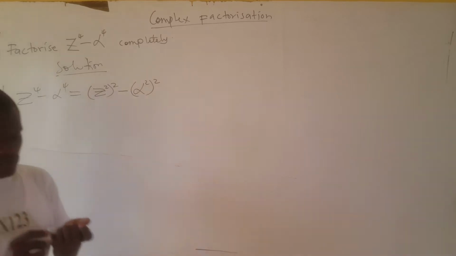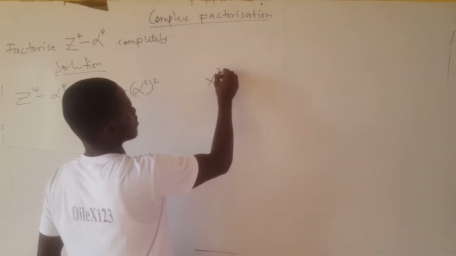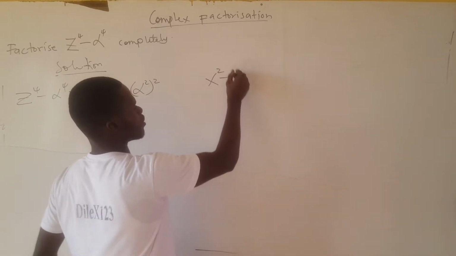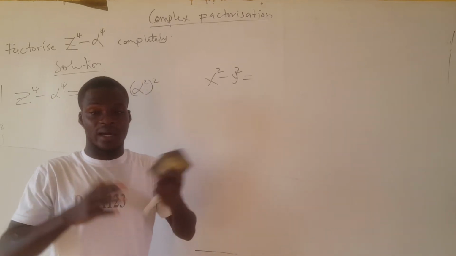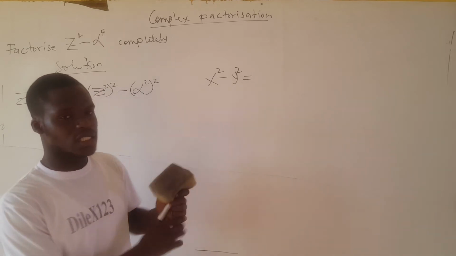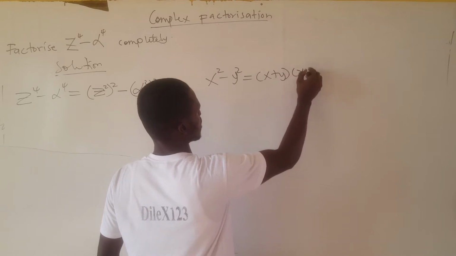Good. Now, by convention, whenever we have something like x squared minus y squared, we call this the difference of two squares. When you factorize this, you are going to have (x plus y)(x minus y).